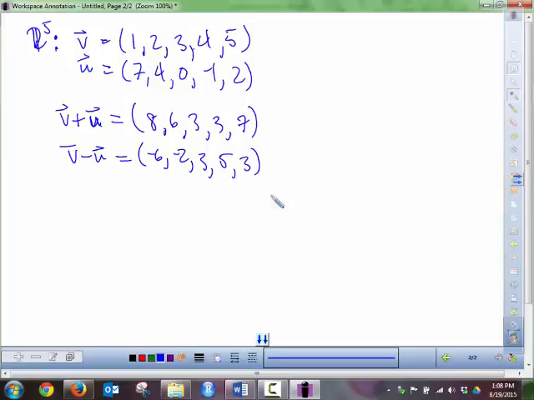That's our third operation that we've discussed so far, right? Adding, subtracting, and scalar multiplying. So I take 5V. I would take 5 and multiply every component in V by 5. So that would just be 5, 10, 15, 20, and 25.